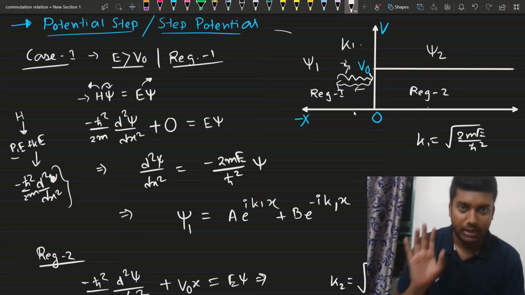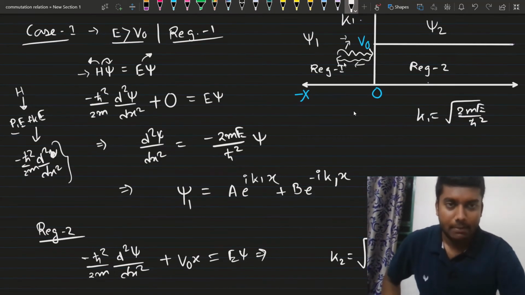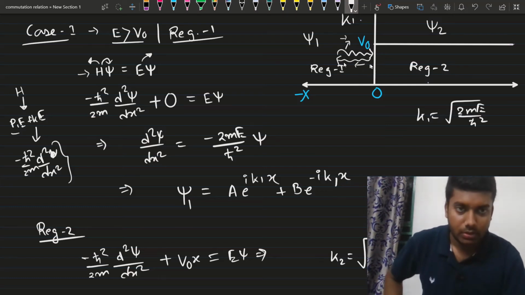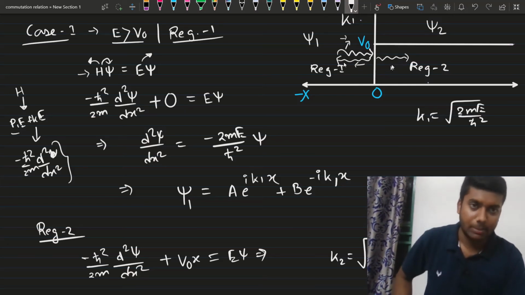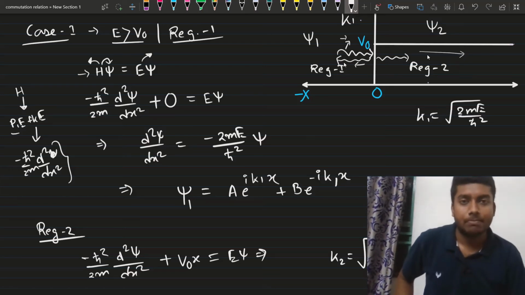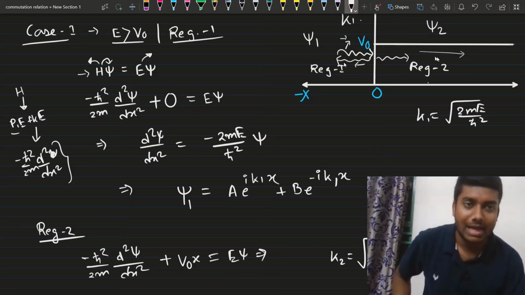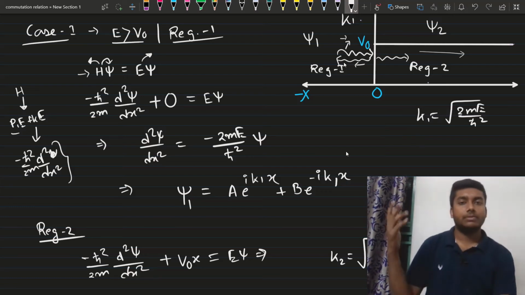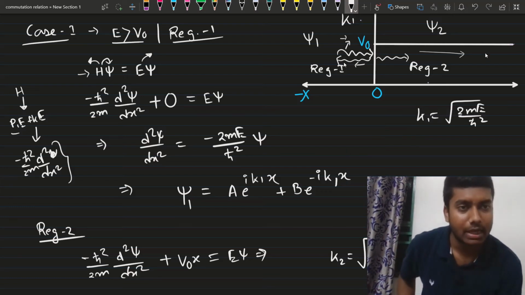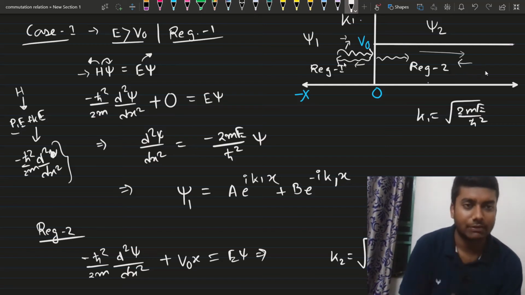But in region 2, the wave will transmit. As the potential is fixed throughout the positive x direction up to infinity, there is no boundary, so there will be no reflected wave.